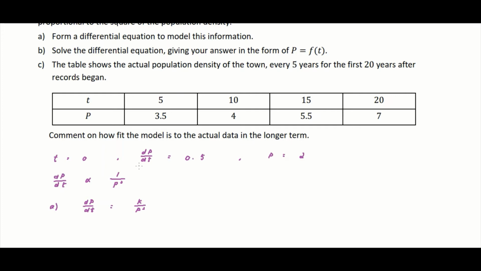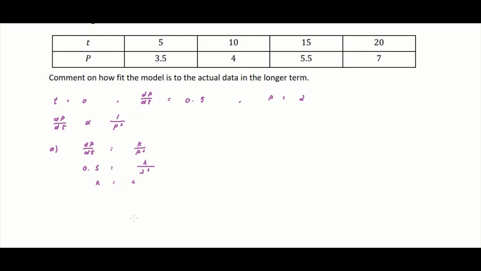From the information given, dP/dt is 0.5 when P is 2, so 0.5 equals k over 2 squared, which gives you k equals 2. Now you can write it without any constant: dP/dt equals 2 over P squared. Okay, so that's it for A.